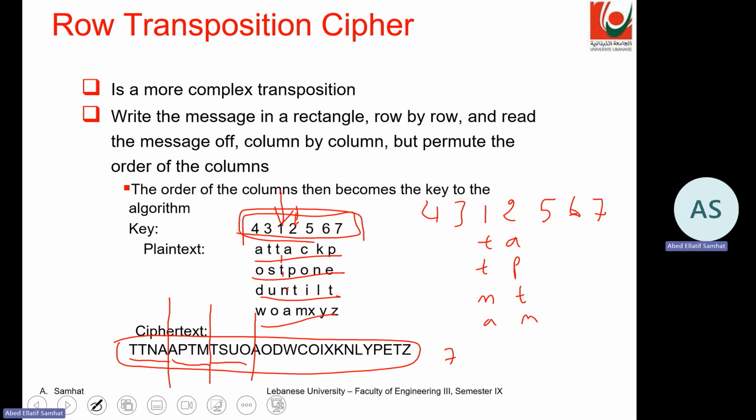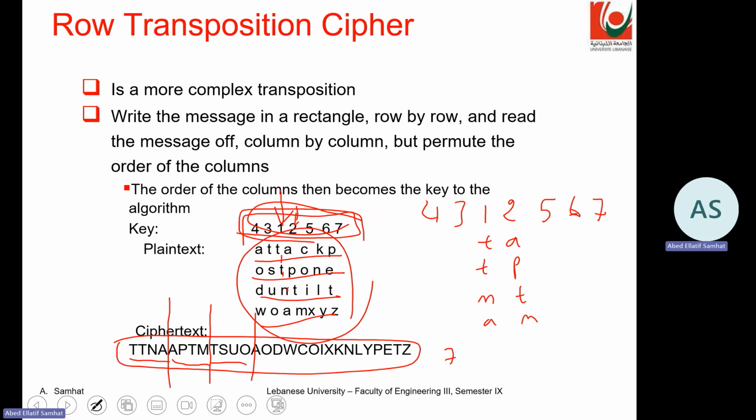And typically, if the plain text is not a multiple of 7, for example, we can add some pad at the end in order to have a multiple. Okay. So this is what we call the row transposition cipher. It's also one of the efficient ones.